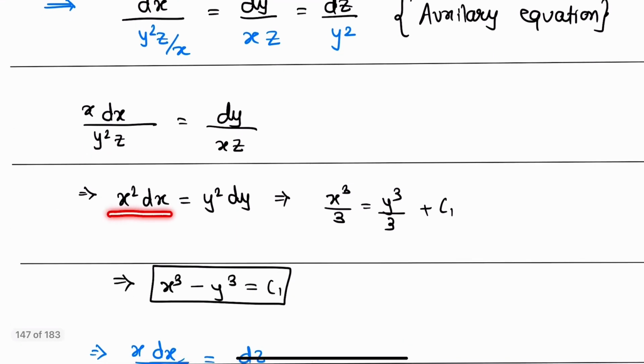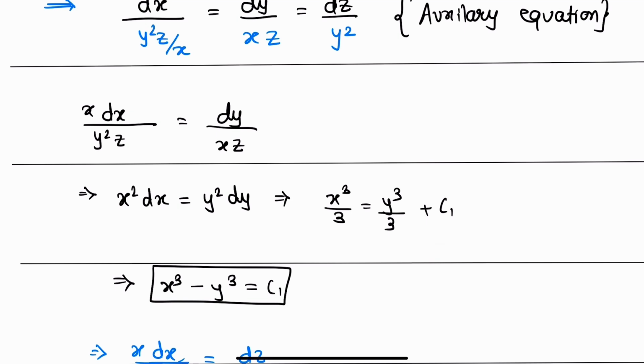We get x² dx equals y² dy. This is easily integrable. If we integrate on both sides, it will be x³/3 equals y³/3 plus some constant c1.